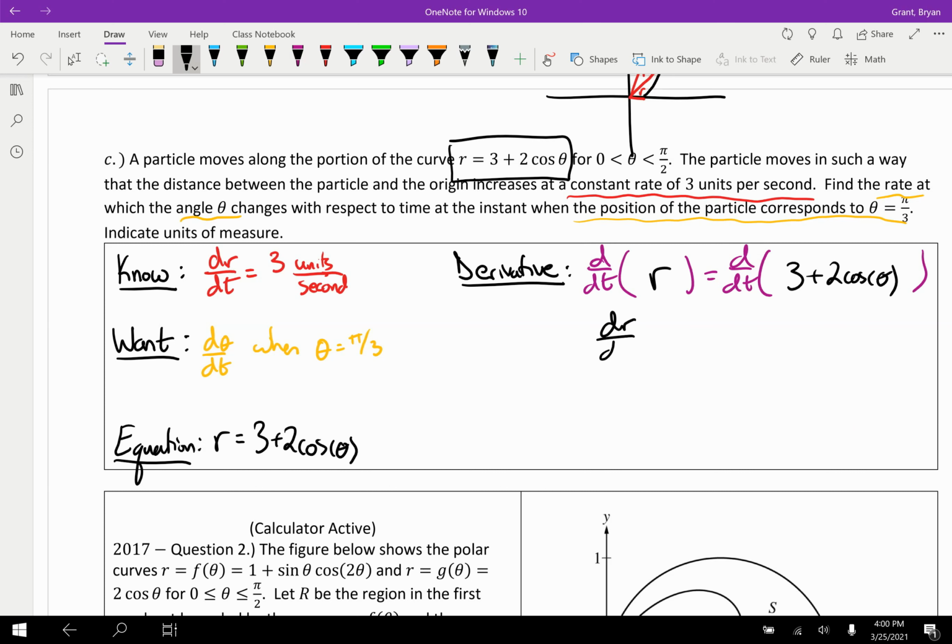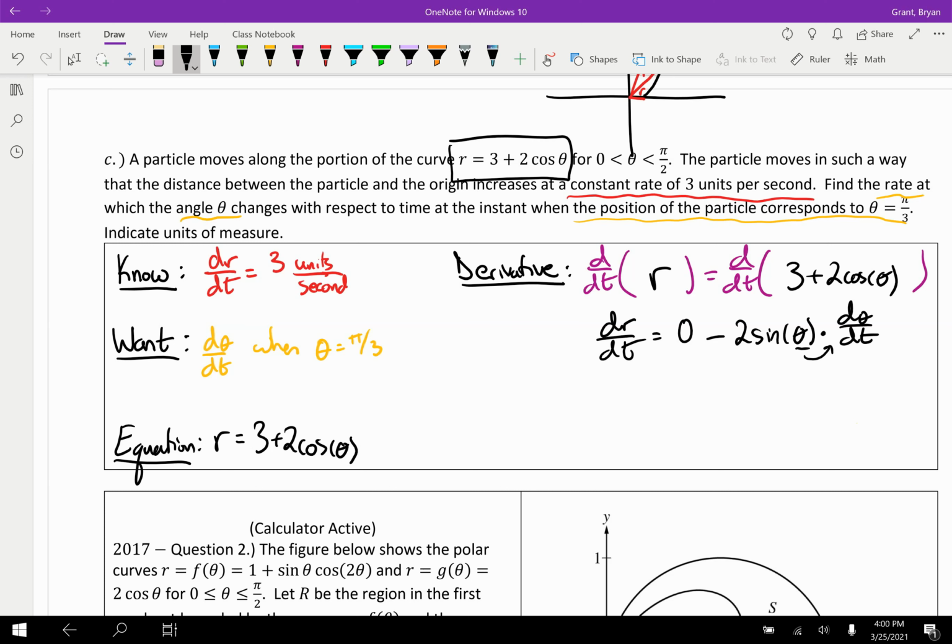Well, it tells us that dr/dt is equal to 0 minus 2 sine of theta. Be very careful here. Times the derivative of the inside. I bet this is what most of us would mess up, because the derivative of theta is no longer 1. It is now d theta/dt.